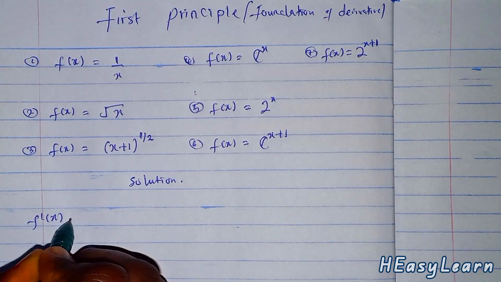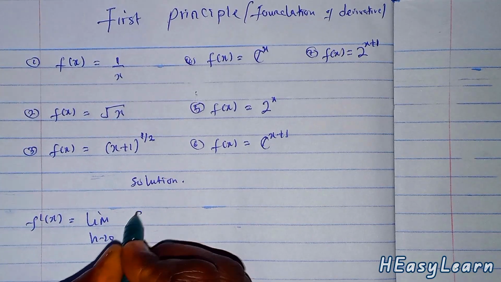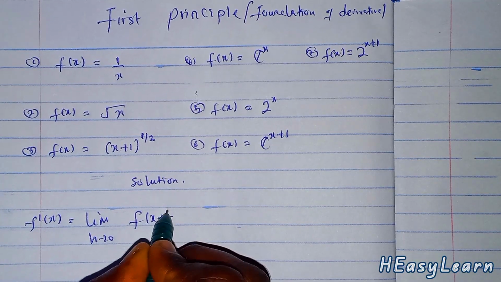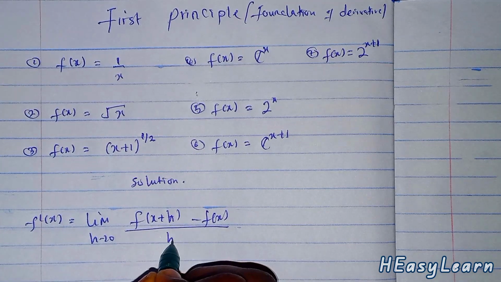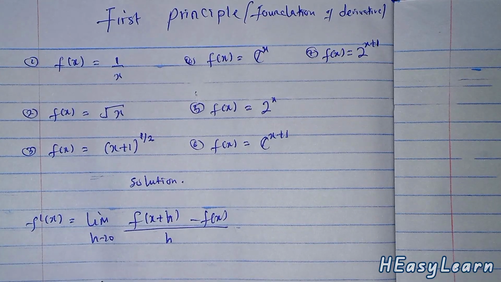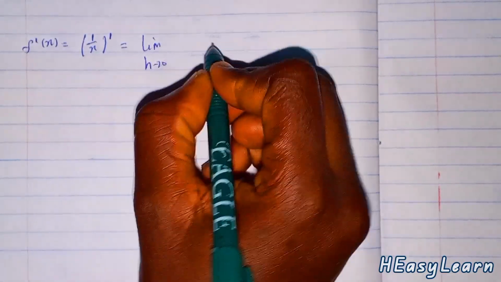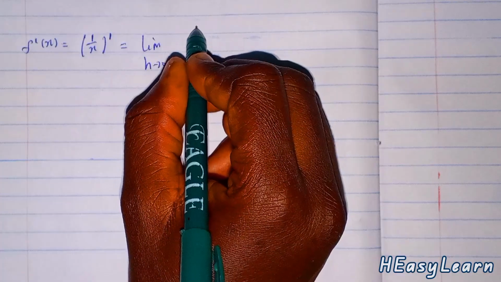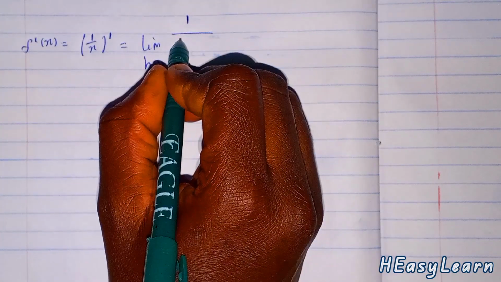By definition, f prime of x is equal to the limit as h approaches 0 of f of x plus h minus f of x over h. Anywhere there is x, plug in x plus h.